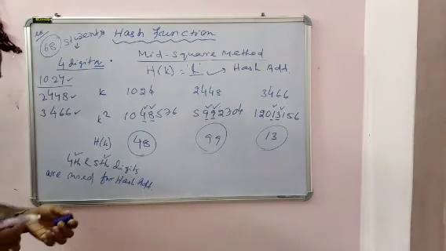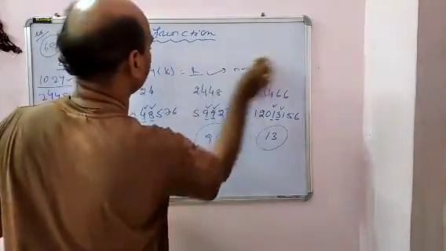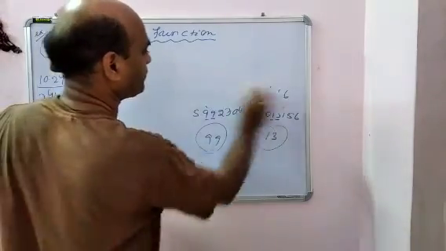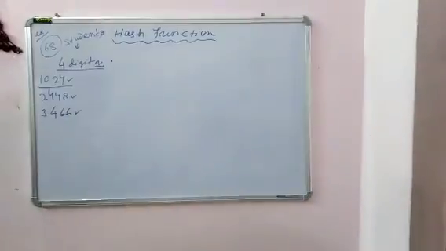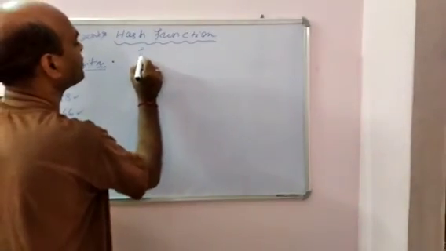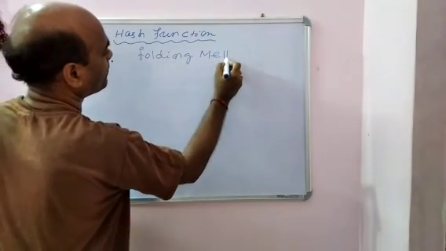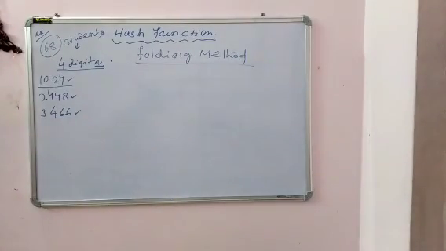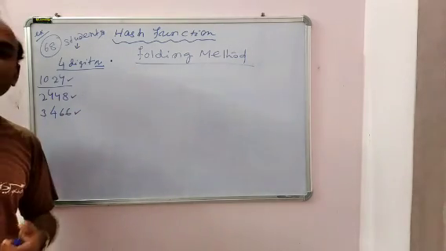Now let us find another type of hash function, that is the folding method. In the folding method also, you can directly calculate the memory address.